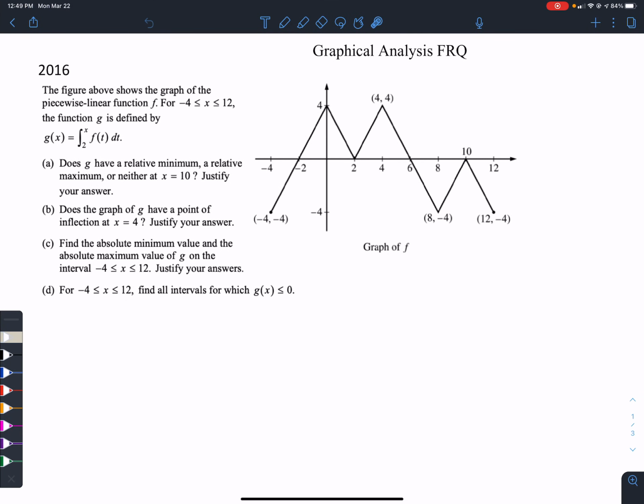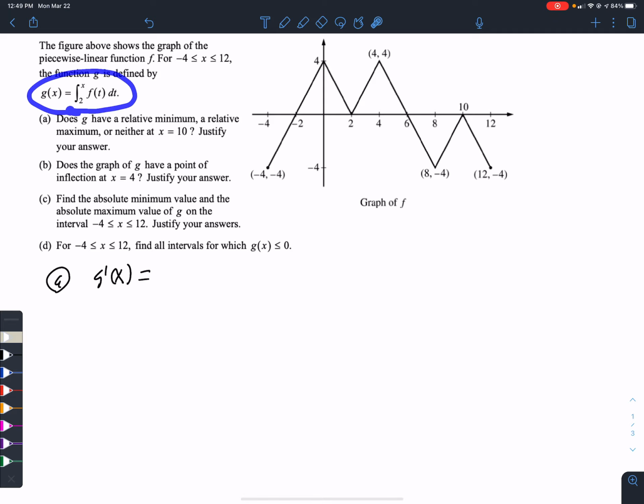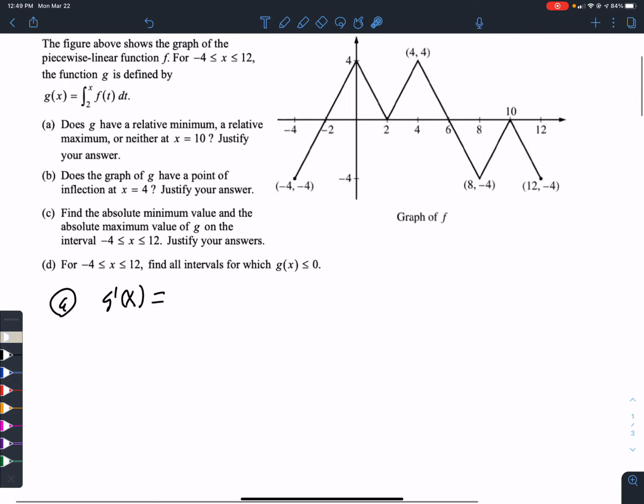Okay, so first step for part A, I need to know the derivative of g. Okay, you have to find that. And if you look at this, if you don't see the fundamental theorem of calculus, you need to see it.